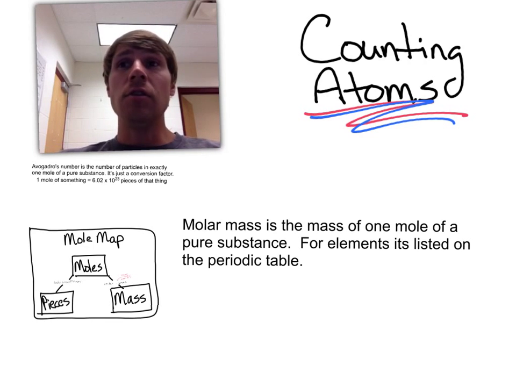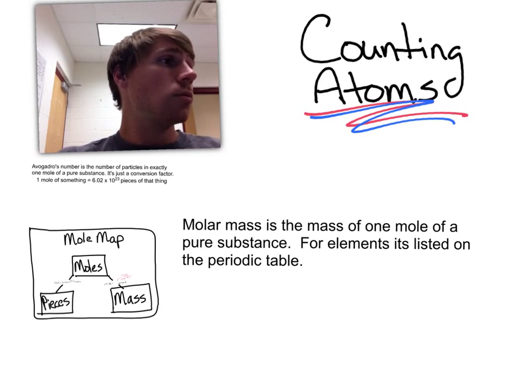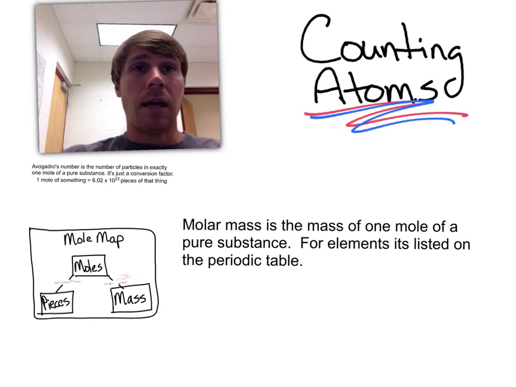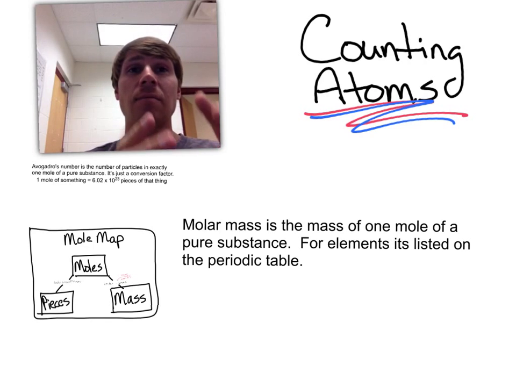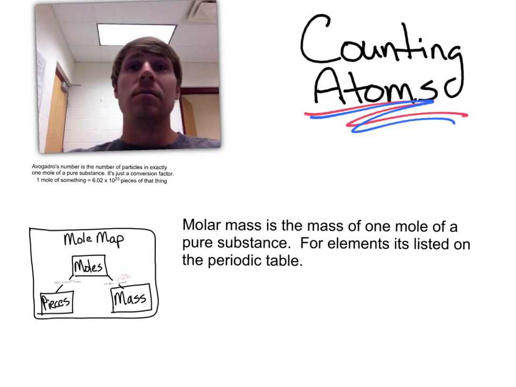So, if you look at, let's say, carbon, if you have your periodic table, get that out, and let's look at carbon. Carbon's molar mass is 12.01. Now, the reason that's important is that means that in 1 mole of carbon, so 6.02 times 10 to the 23rd atoms of carbon, individual atoms, that weighs 12 grams.